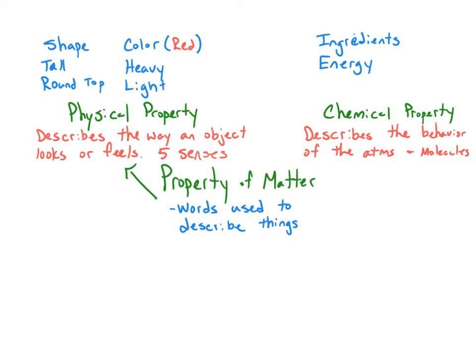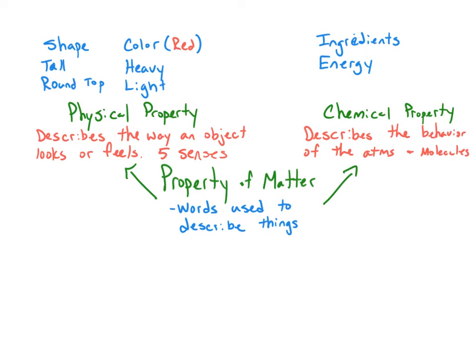Generally, you can't see chemical properties. You can only observe them when you destroy the substance. So in summary, descriptive words are either physical properties or chemical properties, depending on if you're describing the way it looks or you're describing the atoms and molecules inside.